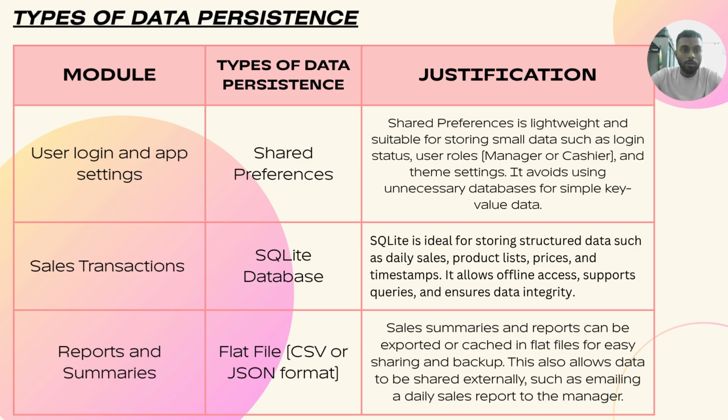And the last one, for reports and summaries, we use files in CSV or JSON format because they allow easy export and sharing. For example, emailing daily sales reports to the manager. Finally, this combination ensures efficiency, security, and scalability for Smart Cafe.